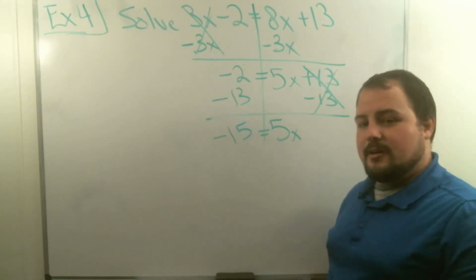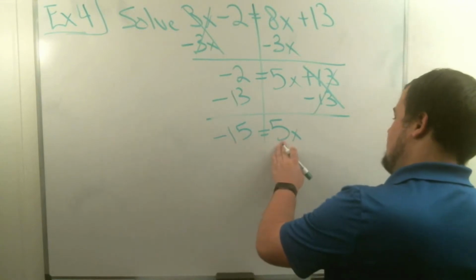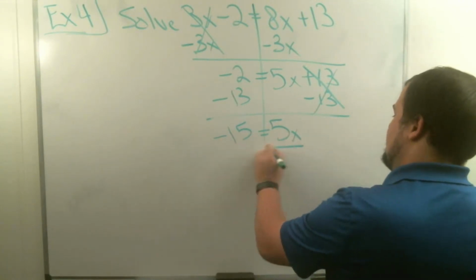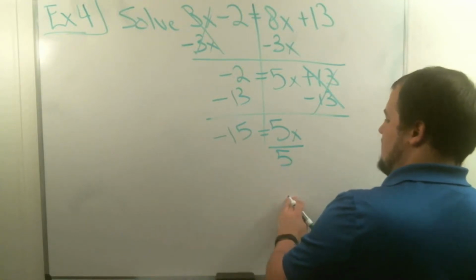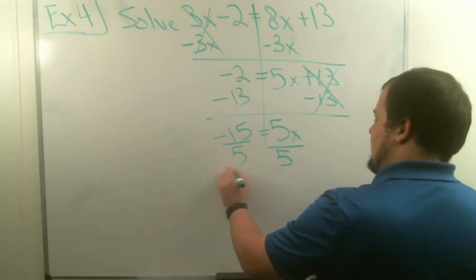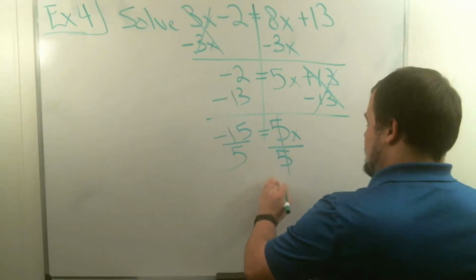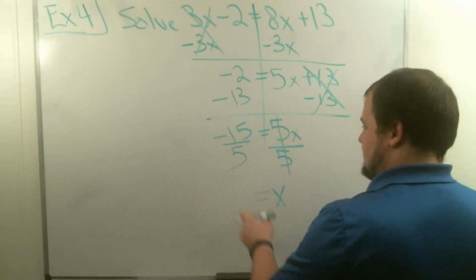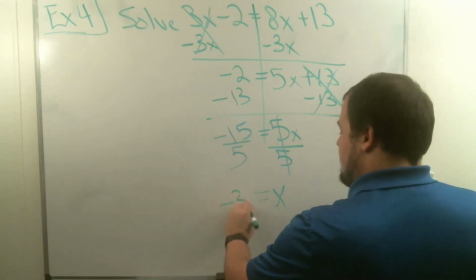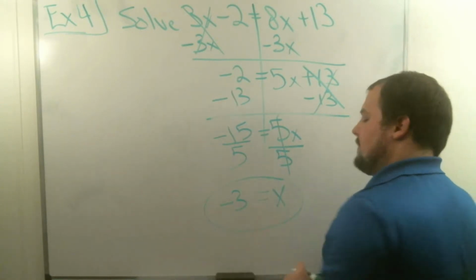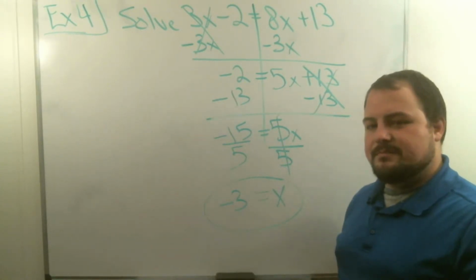So second step's done. Third step, get rid of the number with the variable by multiplying or dividing. Since this number is multiplying, I'm going to divide by that number. Divide by that number. We get x, or 1x, equals negative 15 divided by 5. That's negative 3. And that's my answer to this problem.